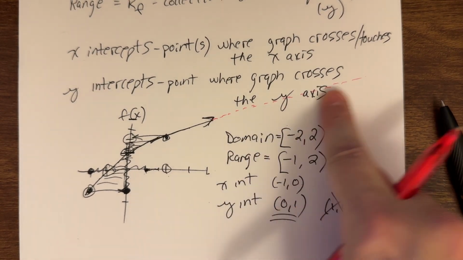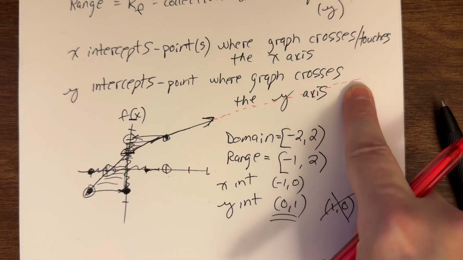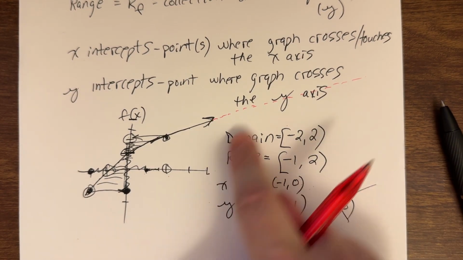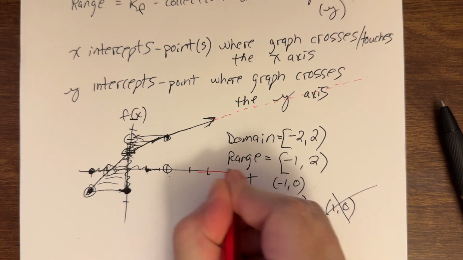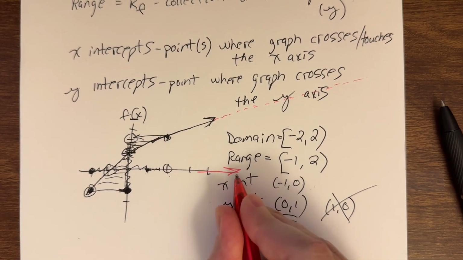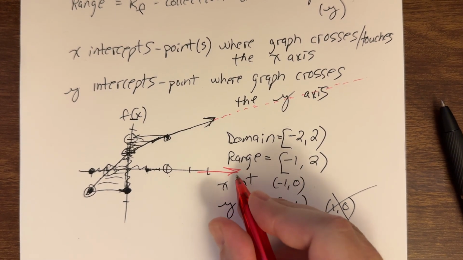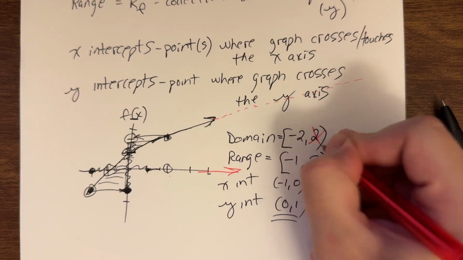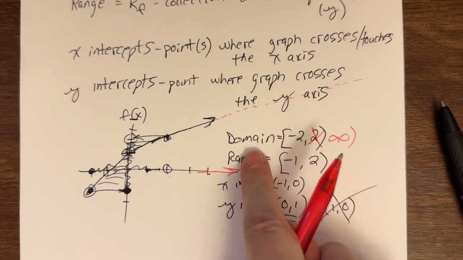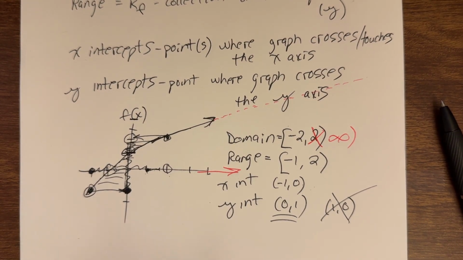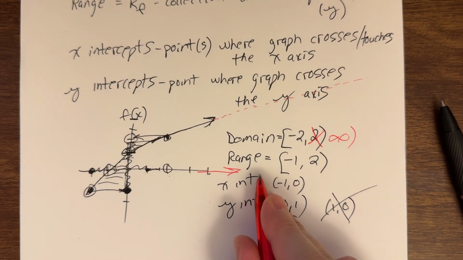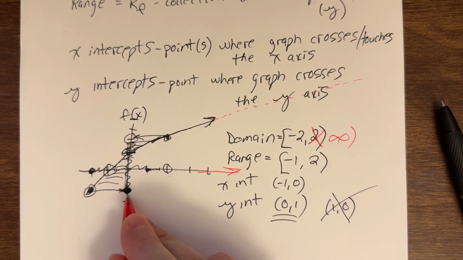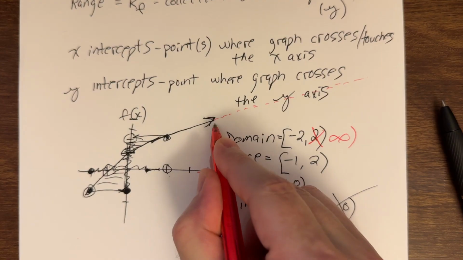So right now, for the idea of domain, I care about the x's. Still starting here, but I'm not finishing here. This keeps continuing and it keeps continuing this way forever. We still have the concept of infinity coming up. Still starting at -2, but now it finishes at positive infinity. And similarly for the range. My range, well, my lowest y is still right here, but now my highest y, it's not here.